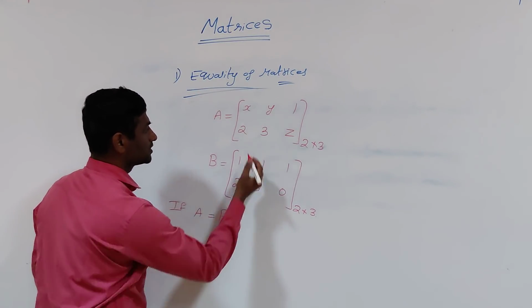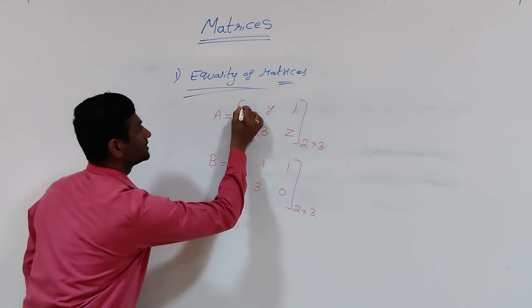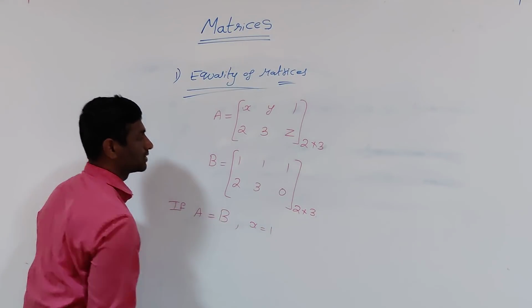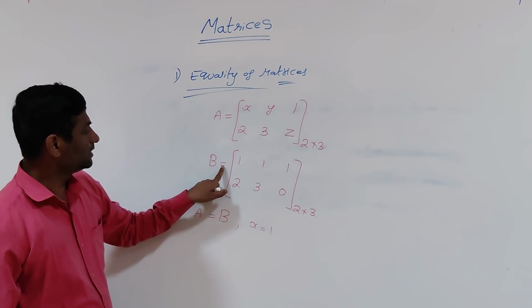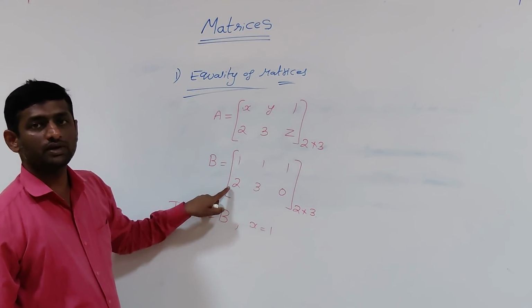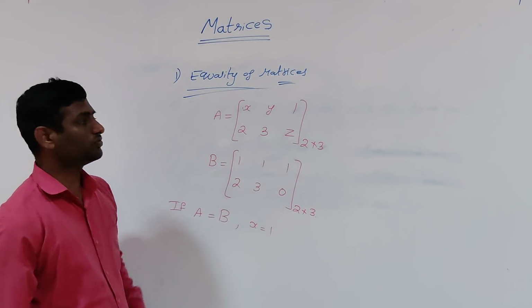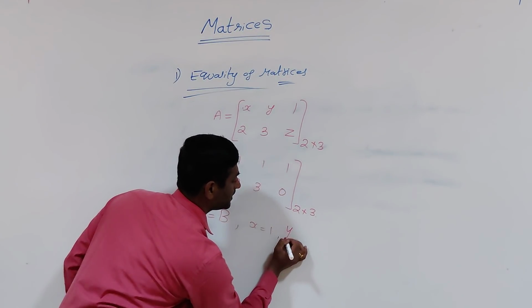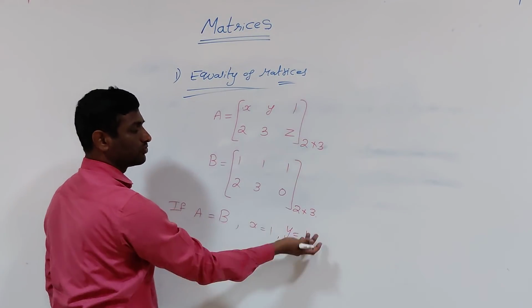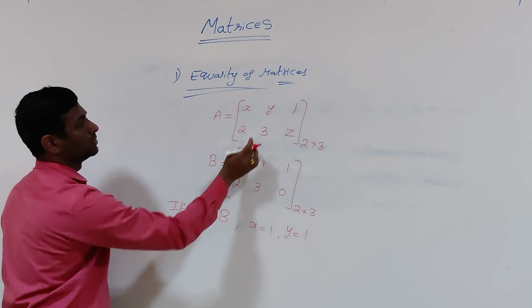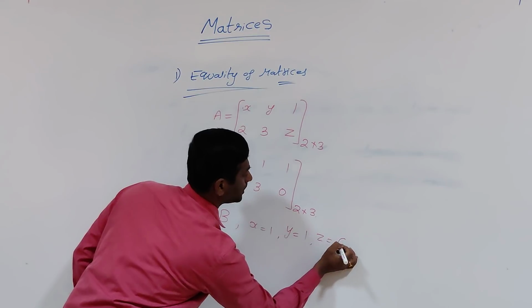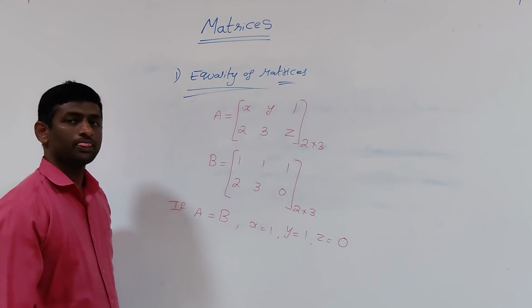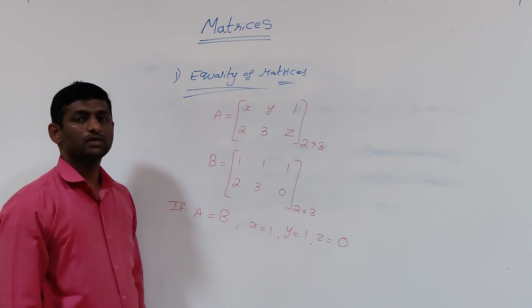Means if the corresponding elements are equal, then we can say x is equal to 1. In the first row, first column the element is x. In this case, the first row, first element is 1. Therefore, x is equal to 1. Similarly, y is equal to 1, 1 is equal to 1, 2 is equal to 2, 3 is equal to 3, and z is equal to 0. So this is the case. We can compare two matrices.